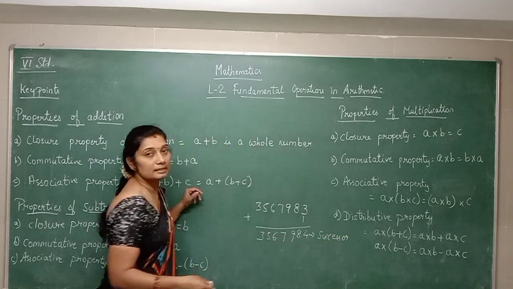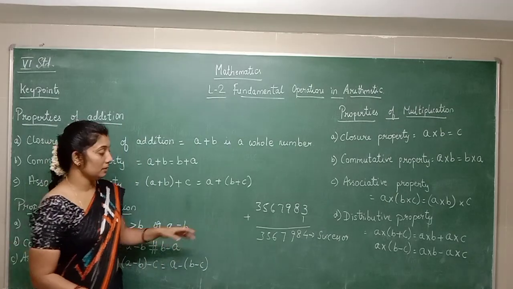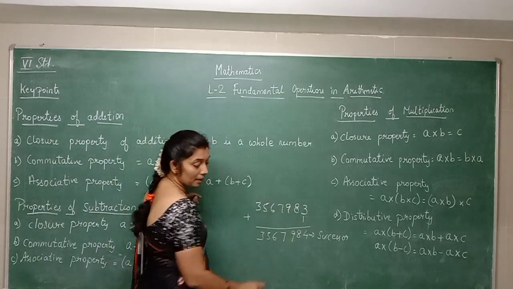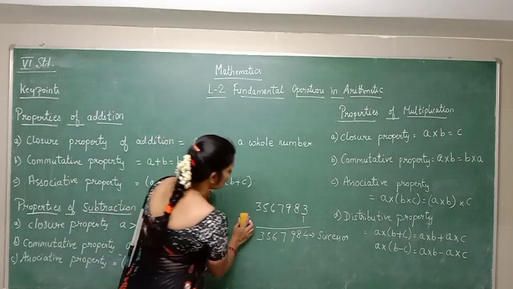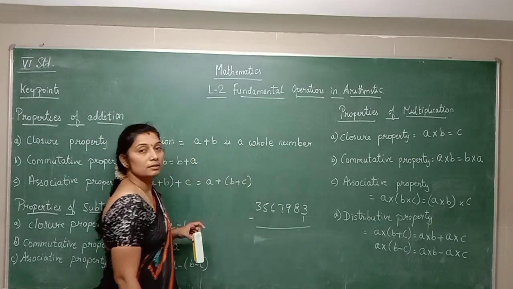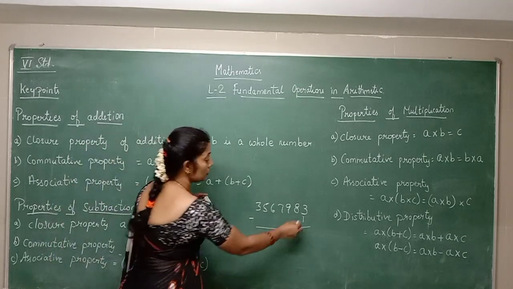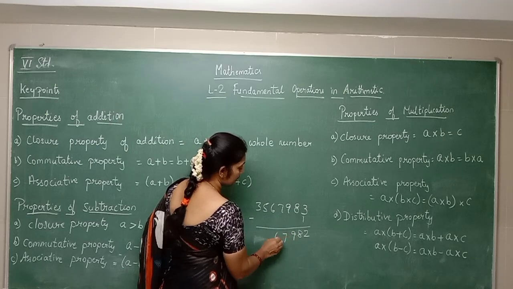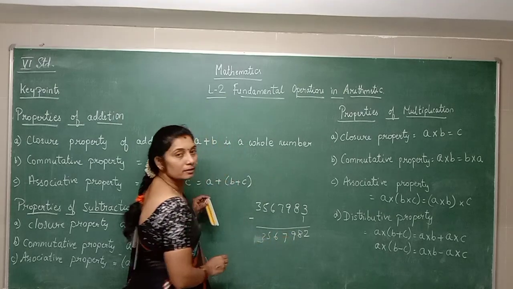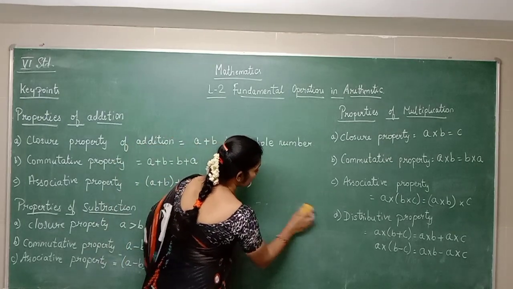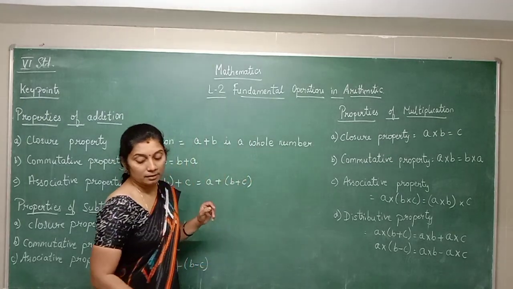Okay, you are succeeding. Succeeding means you are getting more marks. Next, for the same number, I am having the predecessor. As I said, for the predecessor I am going to minus 1. So 3 minus 1 becomes 2, giving 3, 5, 6, 7, 9, 8, 2. So this is the successor and the predecessor of the whole number.